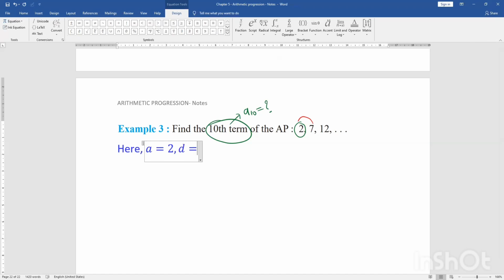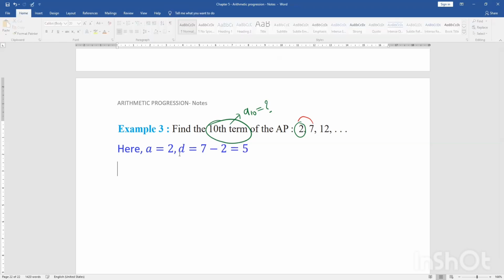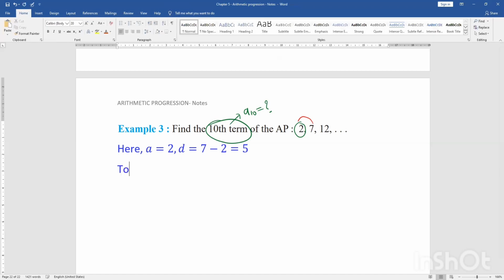I told you, second term minus first term, that is 7 minus 2. 7 minus 2 will be equal to how much? 5. Next, what we have to find: we need to find out A10. So I've written A10 to find.